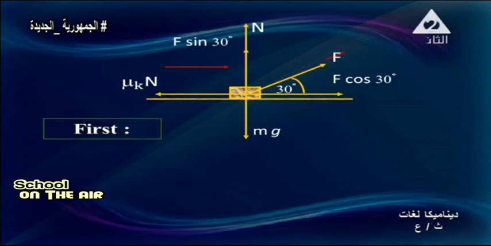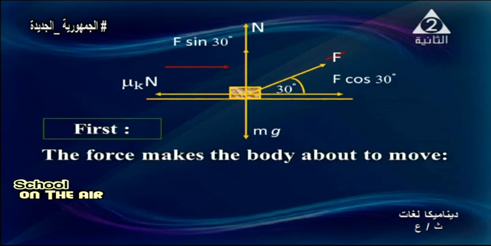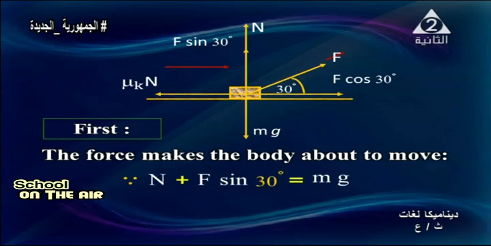Now, in the first case, the force makes the body about to move. Then the body is in equilibrium state, and N plus F sine 30 degrees equals mg, the first equation of equilibrium.